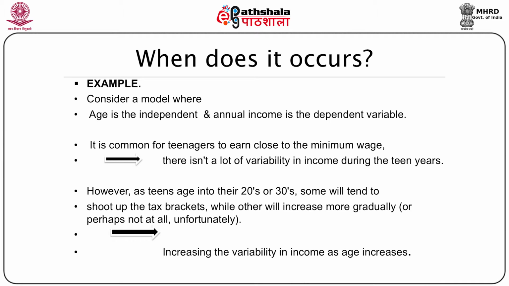However, as teens age into their 20s or 30s, some will tend to shoot up the tax bracket while the others will increase more gradually or perhaps not at all. Now, due to this variation in income, the variances of the error terms will also increase with the increase in the value of the explanatory variable age, thus increasing the variability in income as age increases and causing heteroscedasticity.